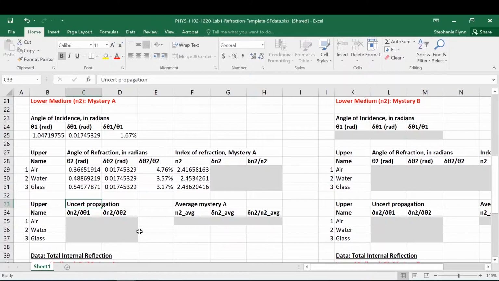Now, I won't always work all these out ahead of time, but since this is the first experiment where you're using calculus to propagate the uncertainty, I'm going to go ahead and give you a little extra help here.